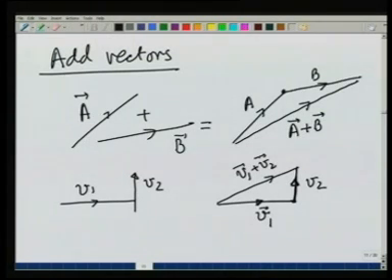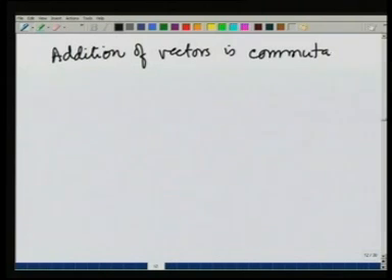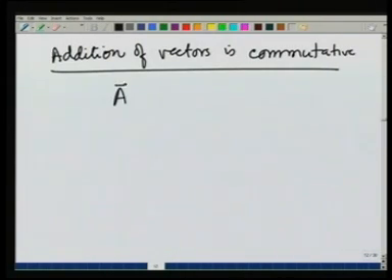So, this is how we define the addition, or we obtain the addition of two vectors. It is also easy to see that addition of vectors is commutative. That is, A plus B is same as B plus A. Let us see that.